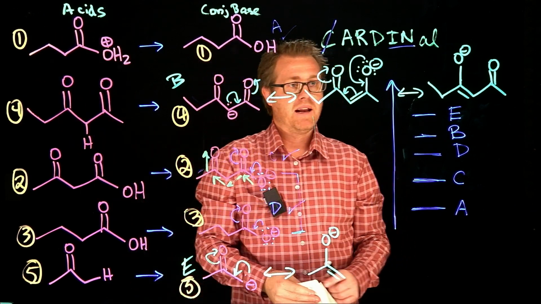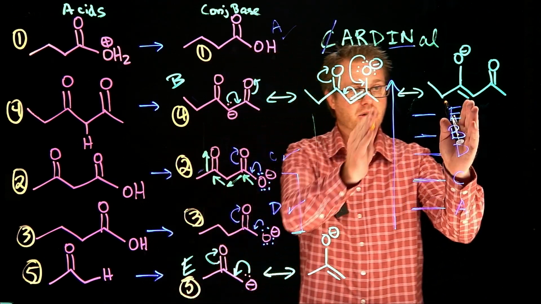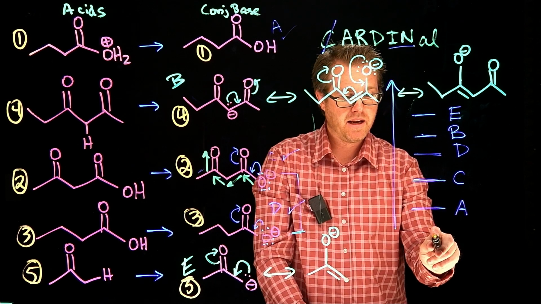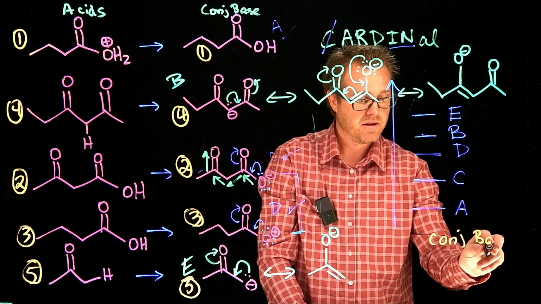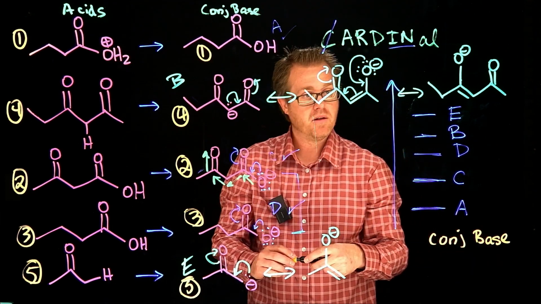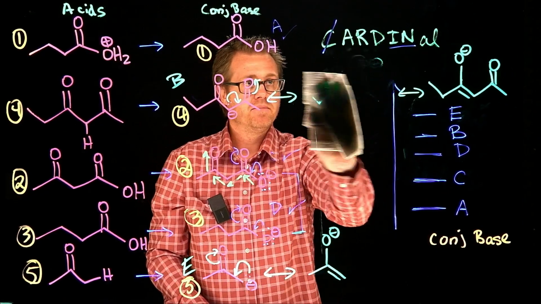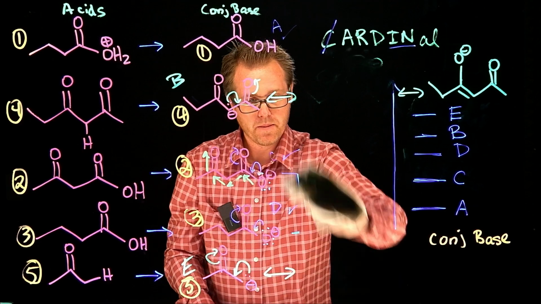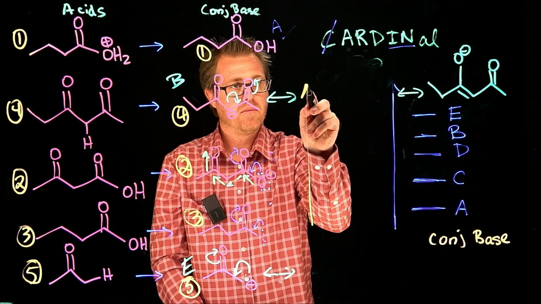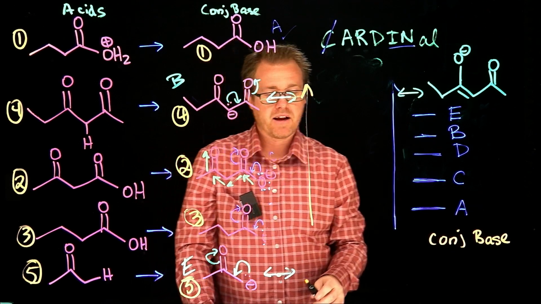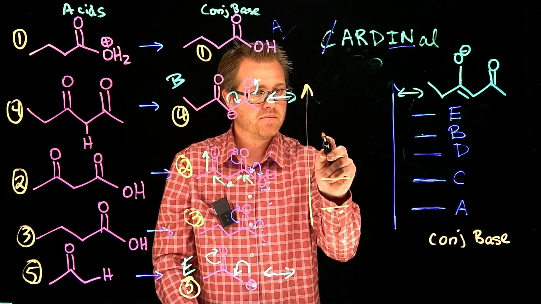So let's look at it from an energy perspective here. This in blue right here is the conjugate bases and their stability. Well, what if we draw a very similar energy diagram right next to it, but instead of looking at conjugate bases, let's look at the acids.